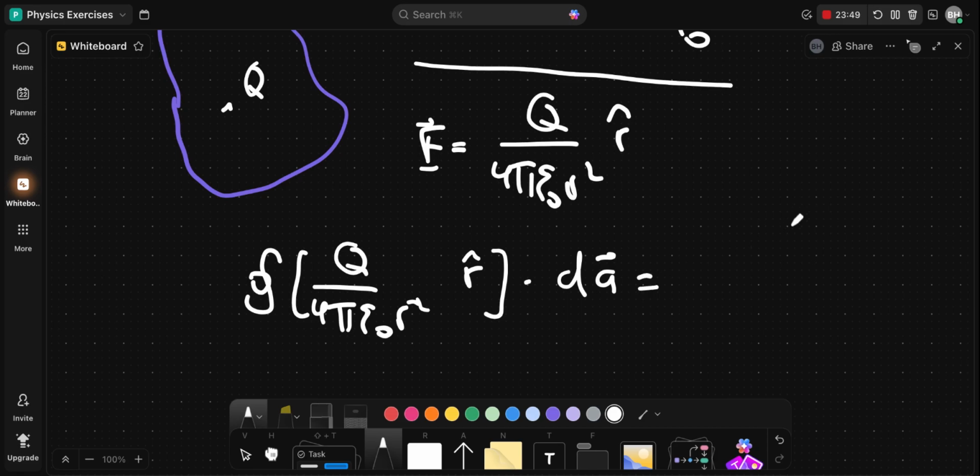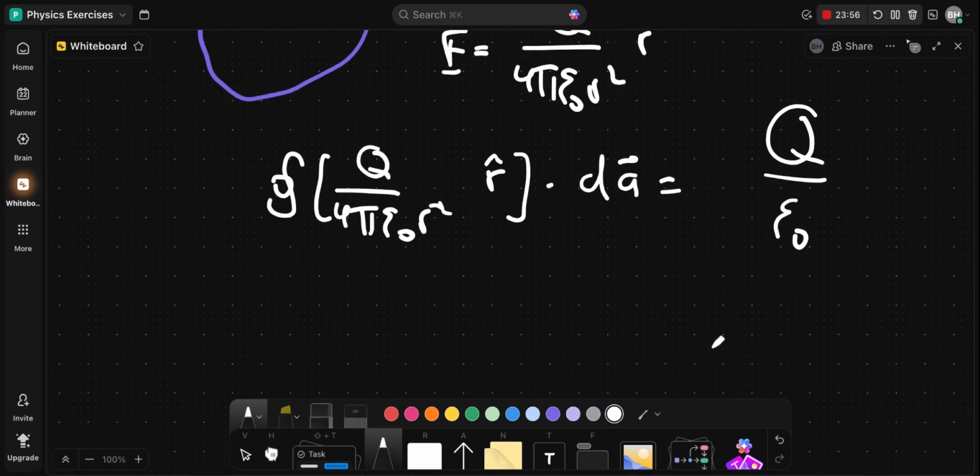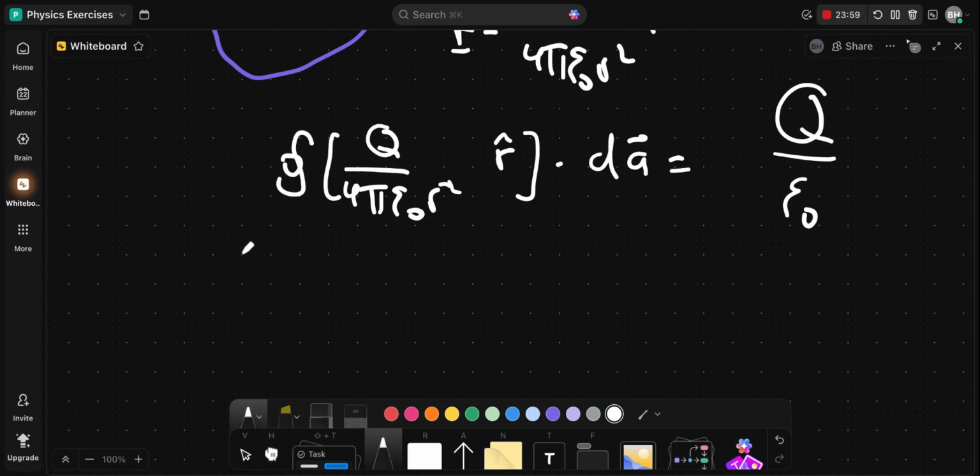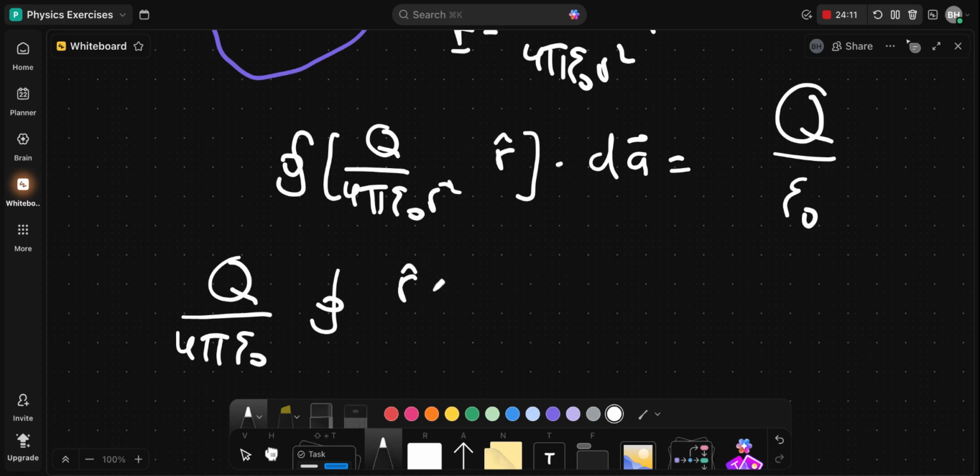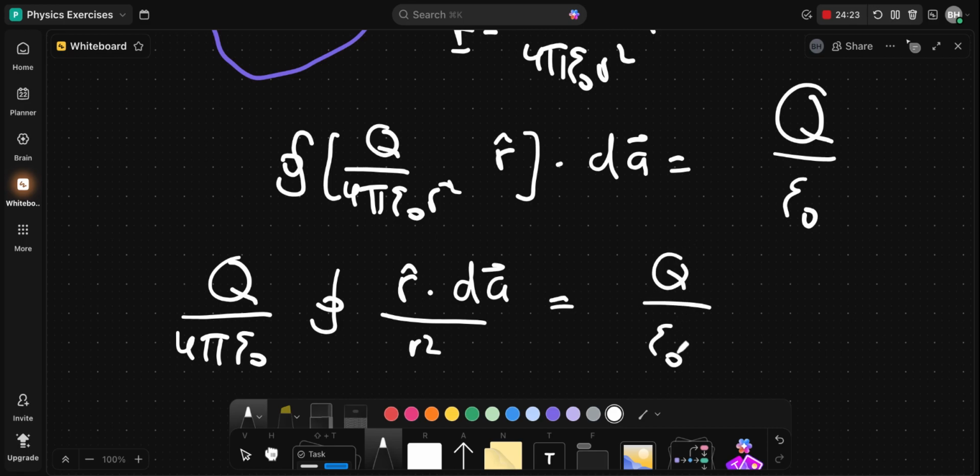And this should be equal to the right-hand side, Q over epsilon 0.